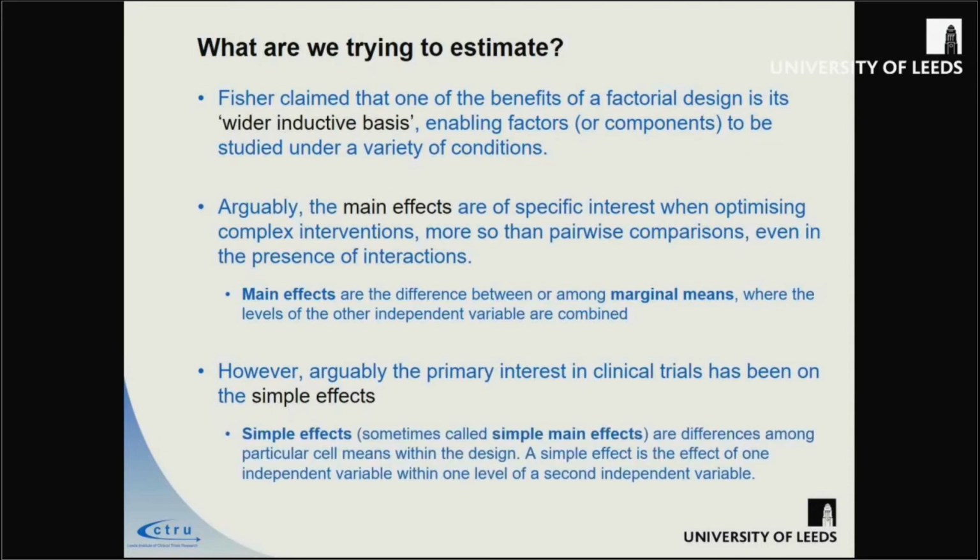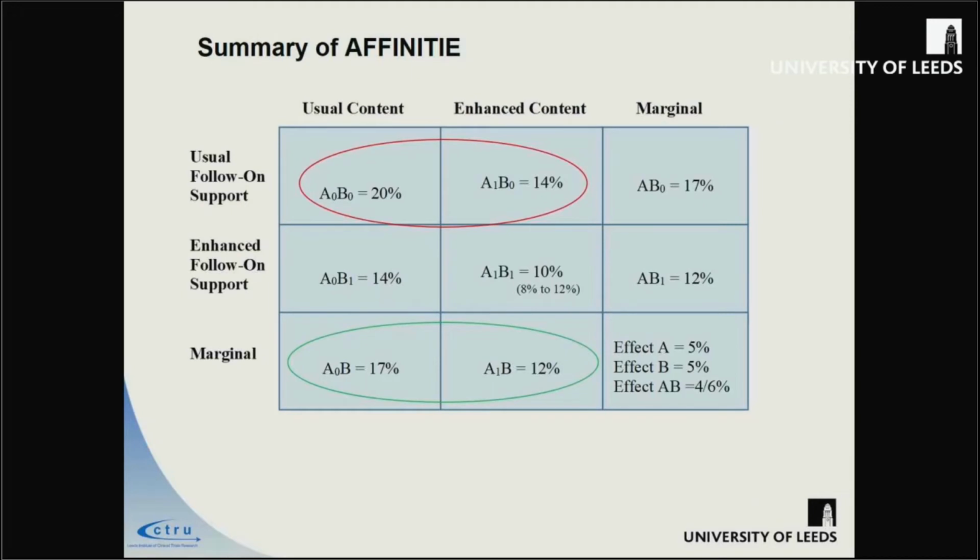So the simple effects are basically differences amongst particular cells within your factorial table, and you are in effect looking at the effect of one independent variable within a level of another independent variable. To put that in terms that I understand, in the red circle you are interested in what is the case when you fix follow-on support to the usual version of it, and you want to know what the effect of usual content is versus enhanced content.